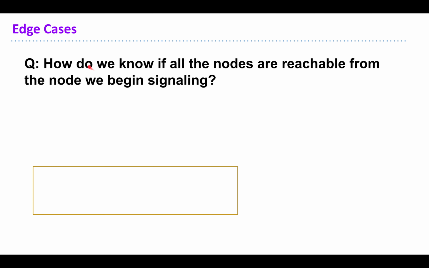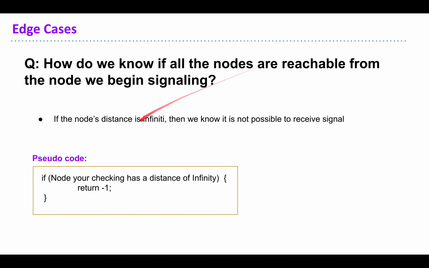So we can think about how we know if all the nodes are reachable from the node where we begin signaling. The simplest way that I thought about is that we are going to mark all the vertex distances as infinity. So why don't we just loop through them later on, in order to find the maximum time, which is the minimum time that all the nodes will receive the signal.